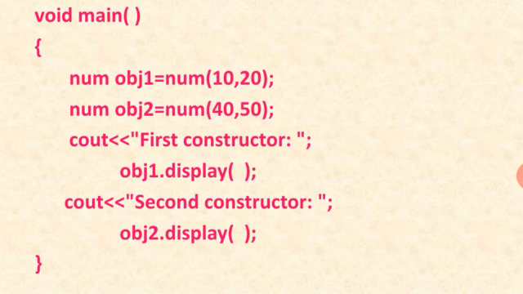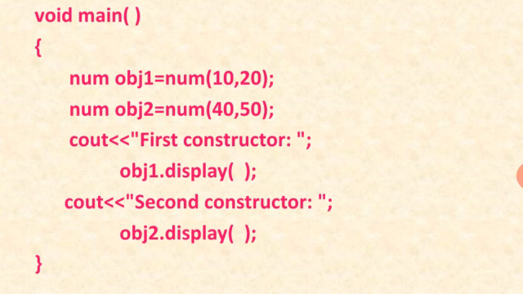And I am initializing, meaning I am giving the starting values for the function num. I know that the num function uses two values, of the type integer only. They cannot be decimal values. So I am putting inside the bracket 10 comma 20.